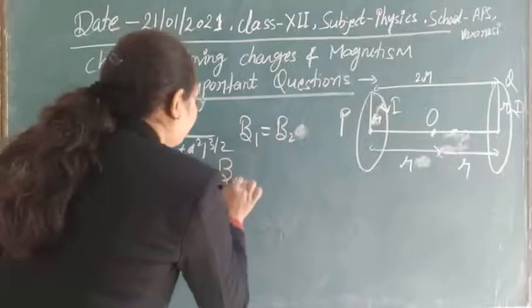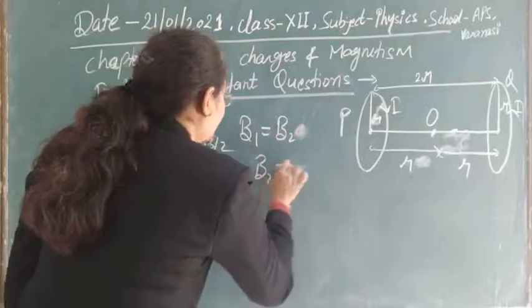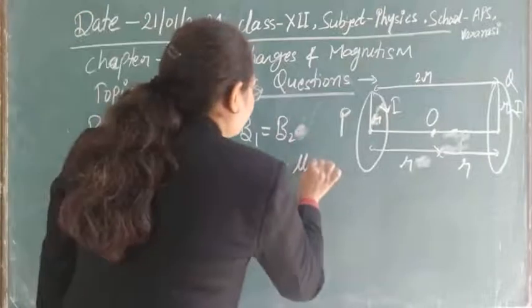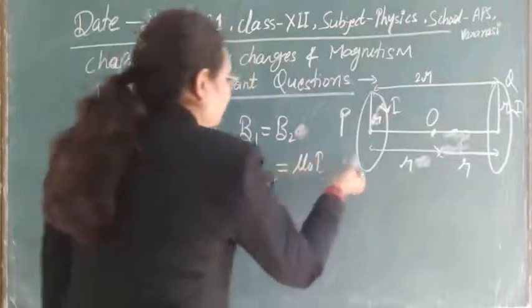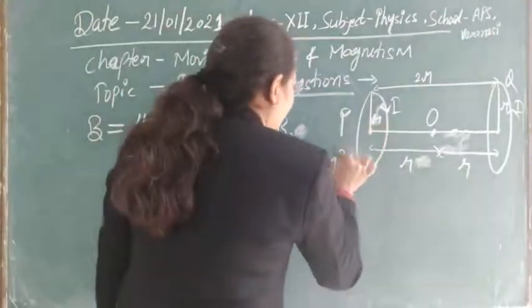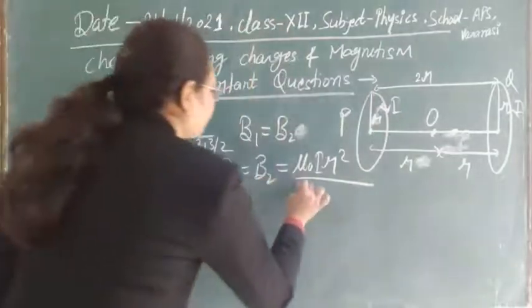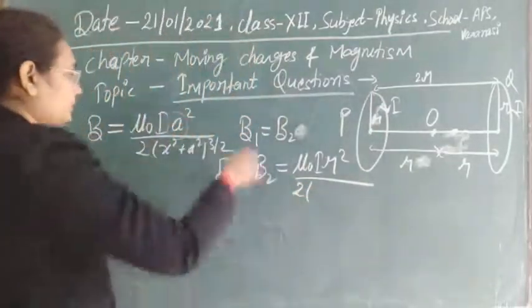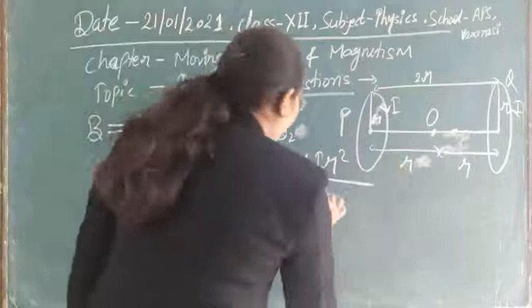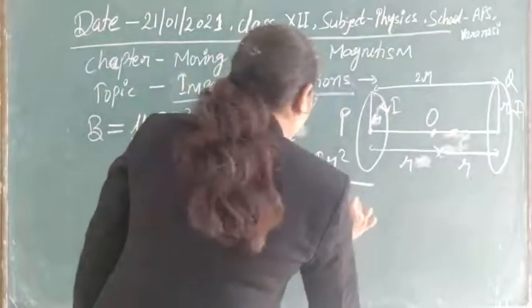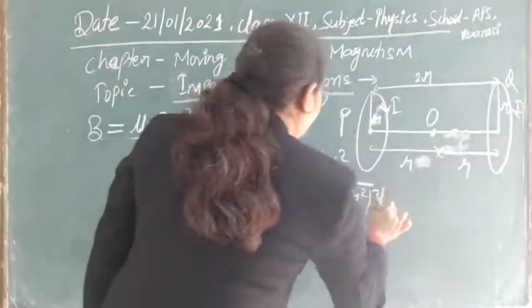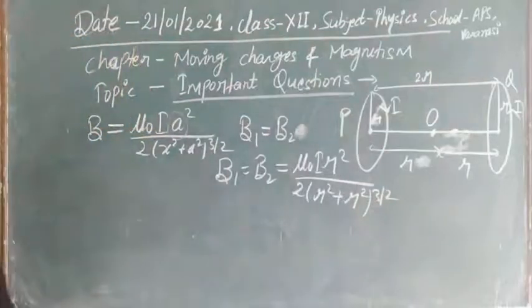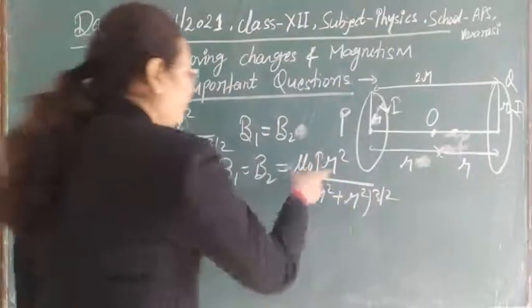So we have B1 is equal to B2, which is equal to mu 0 I, the radius is given as r, so this will be r square, divided by 2, and here the value of x is also r, so r square plus r square, power 3 by 2. And after that we can solve it.